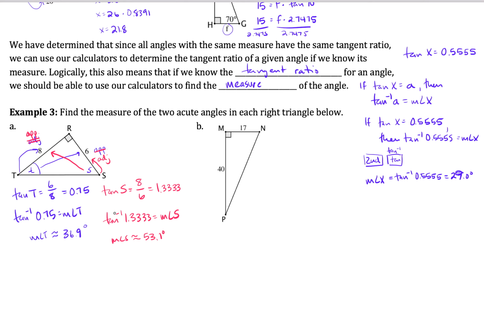Now some of you might have realized there was actually a little bit shorter way I could have found this second answer. I'll show that to you in example B. In example B I have to find the measure of angle N, and the measure of angle P. Let's start with angle P. I know that this side over here is my opposite leg, and that this right here is my adjacent leg. So the tangent of angle P would be equal to opposite divided by adjacent.